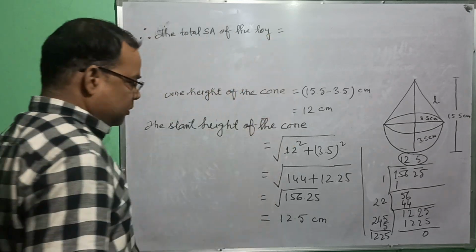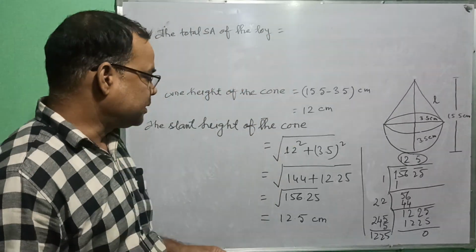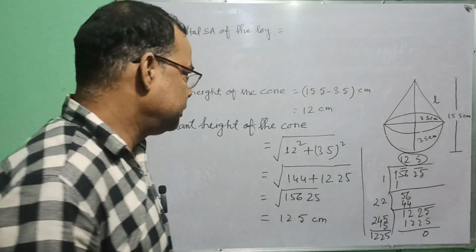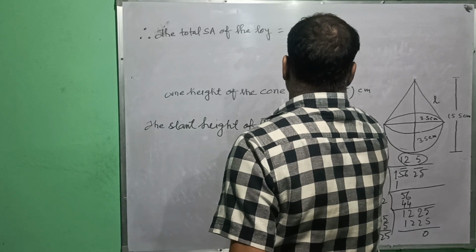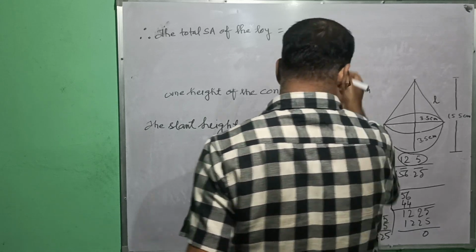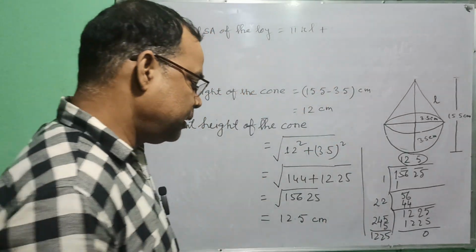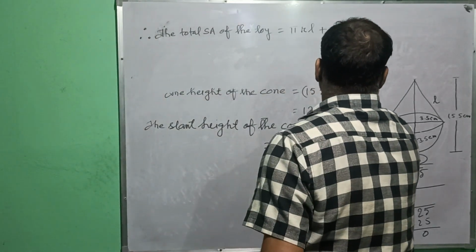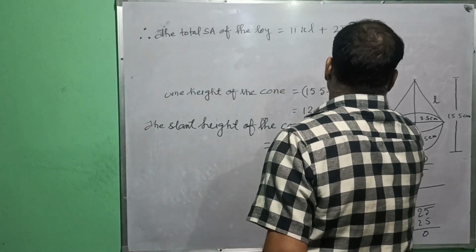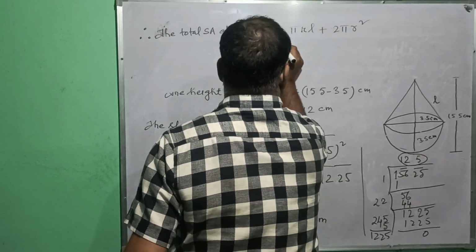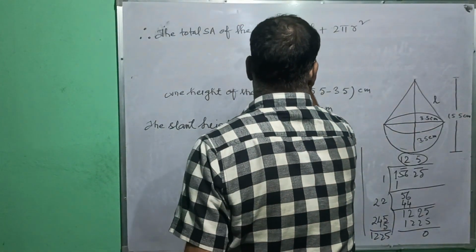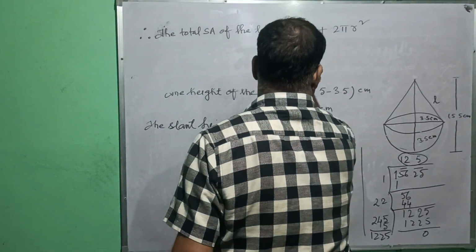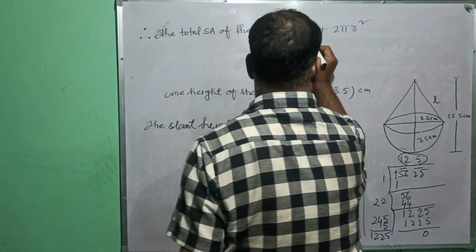So first we will write the surface area of the conical part, which is pi r l, plus the hemispherical part, which is 2 pi r squared. r is the same. Pi is given in the question as 22 by 7, and if it is not given, then you have to put 22 by 7.